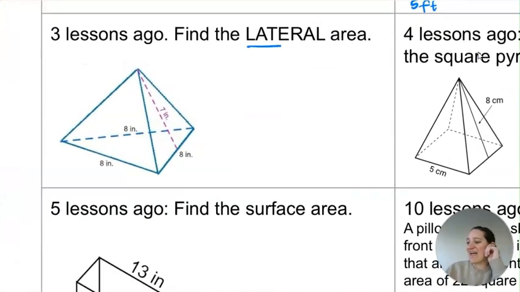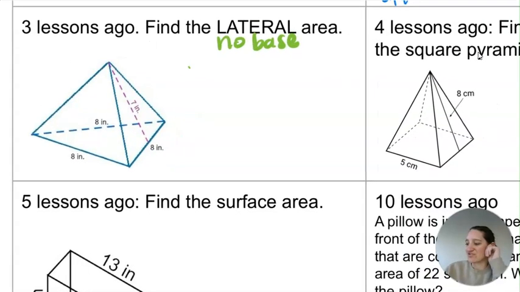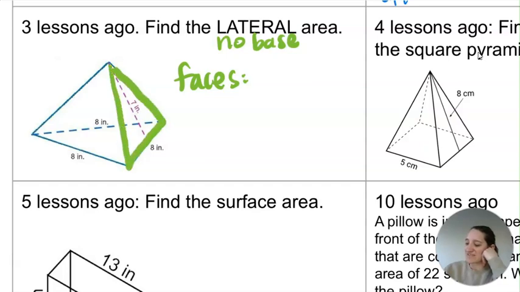Find the lateral area, which is my favorite, because then all I have to do is find the faces and not the base. So just the faces, which are these 3 things right here, right? And so what I'll do is I'll just find the area of one face and then times by 3, because it's a triangular pyramid with 3 faces.